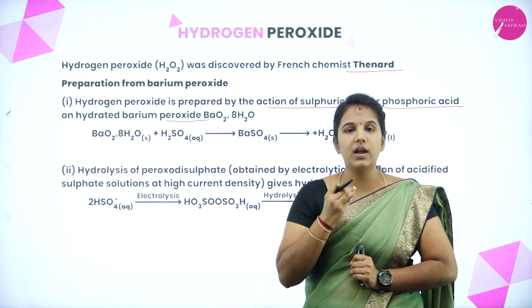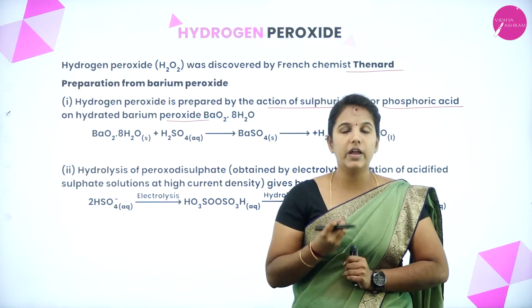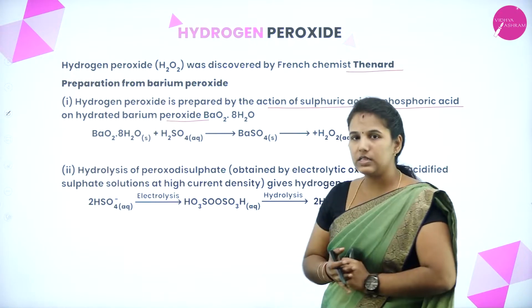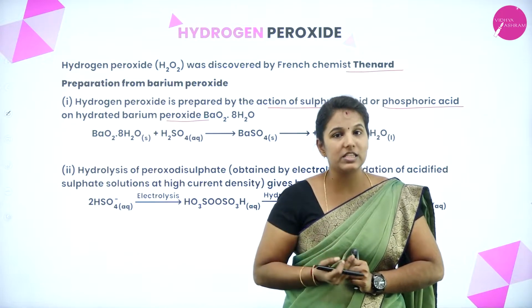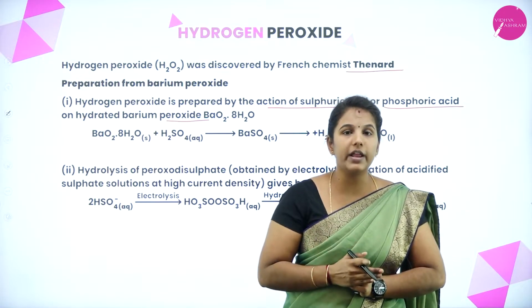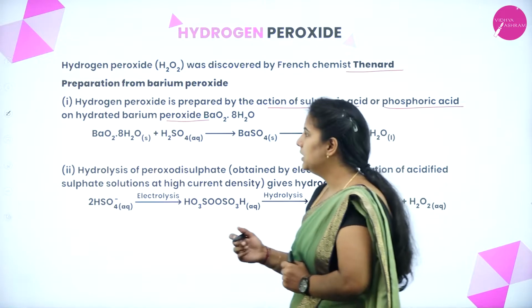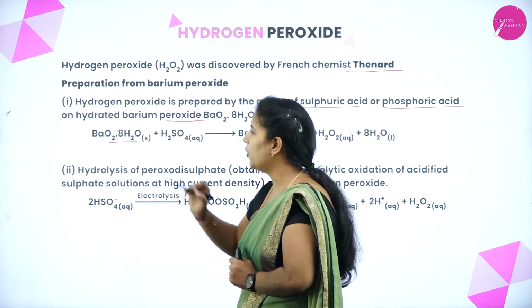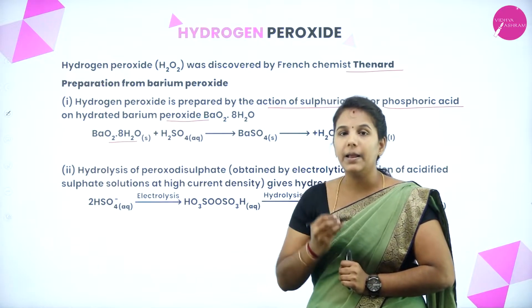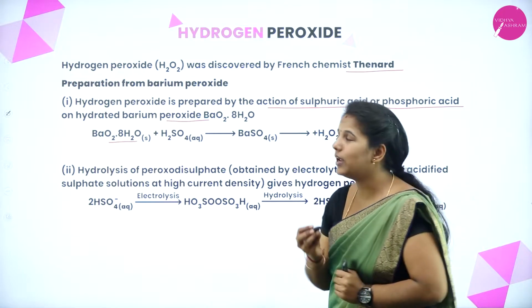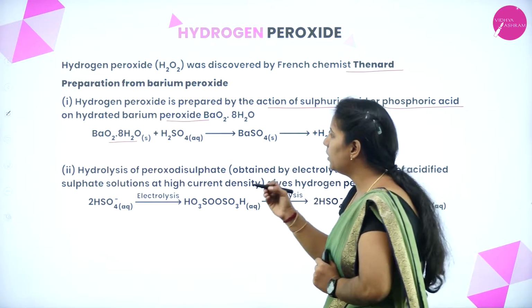So here we are taking H2SO4, that is sulfuric acid, or phosphoric acid we can take, which is allowed to react with what? Hydrated barium oxide. You can see here, this is the formula for hydrated barium oxide, which is allowed to react with sulfuric acid.